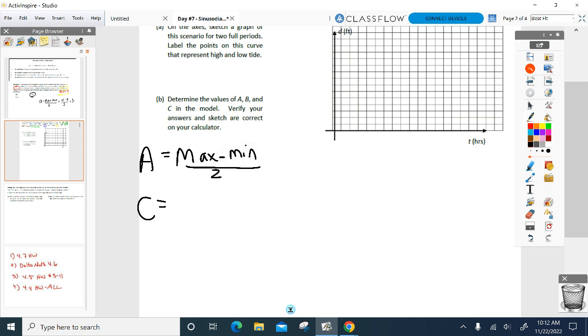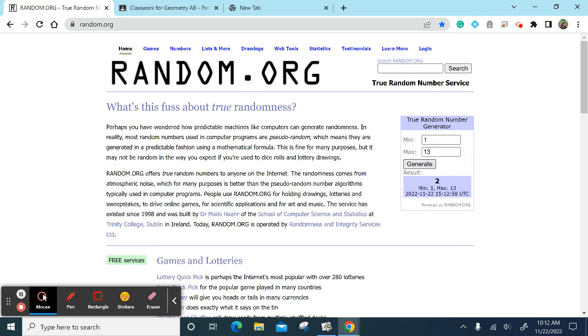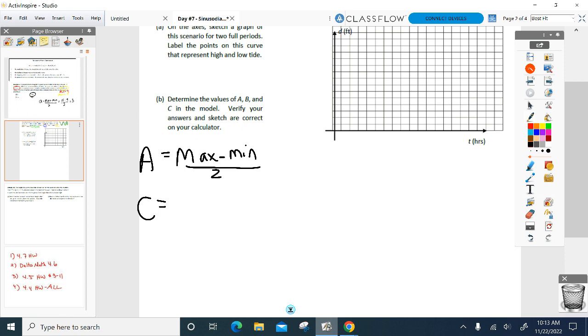And then somebody, how about the C value? Max plus min divided by 2. Yep. And then you guys can find those out on your own right now, and then I'll ask what you got.